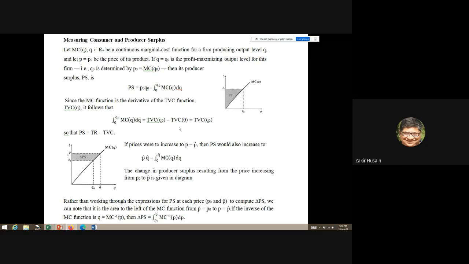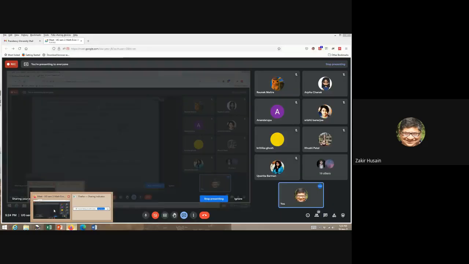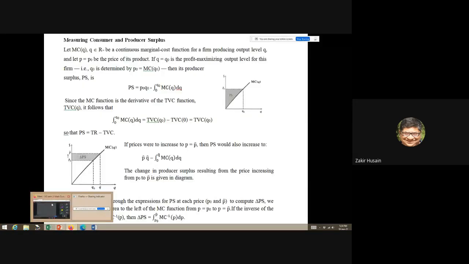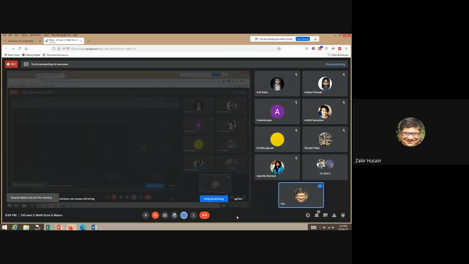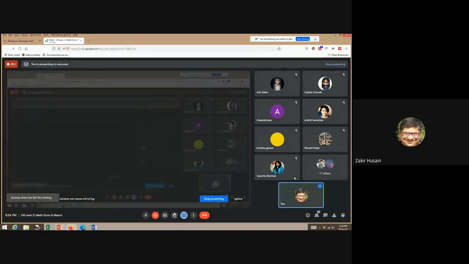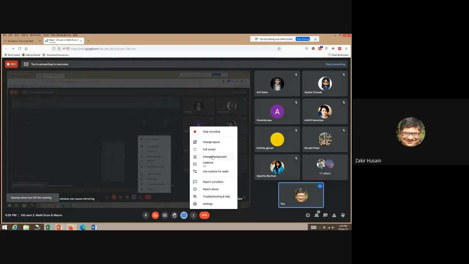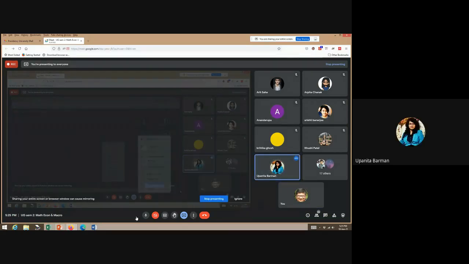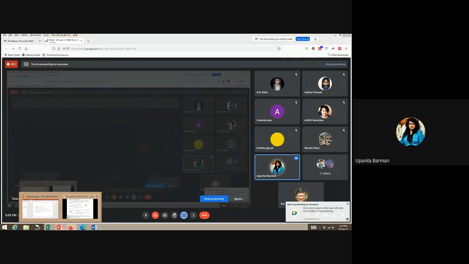Now, why don't we take fixed cost? Because that has to be paid irrespective of whether we are selling or not selling.